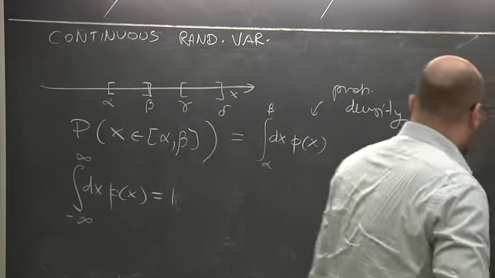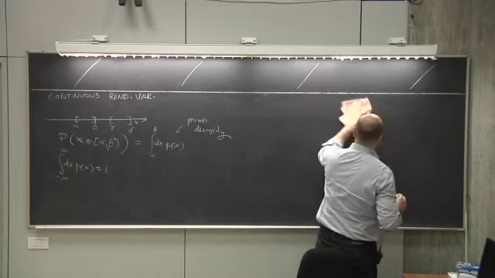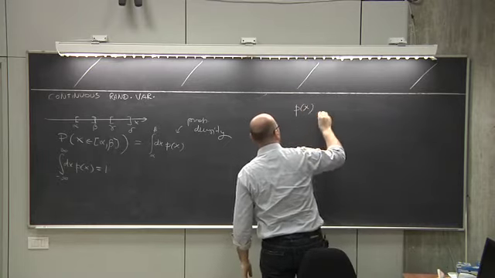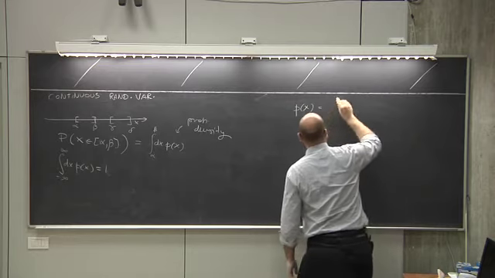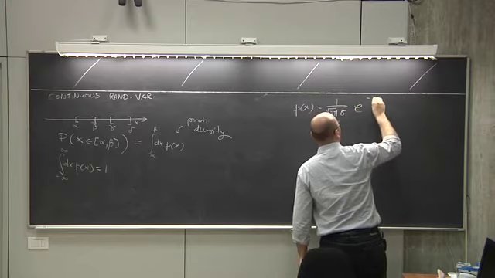So for example, one example of a continuous probability distribution that you have certainly looked at is the probability density which has this form.